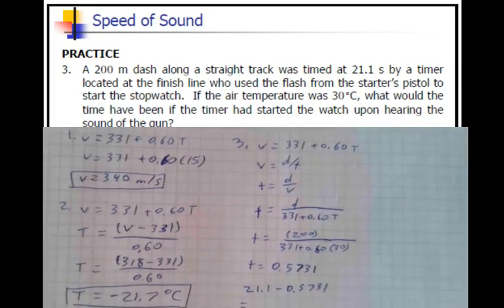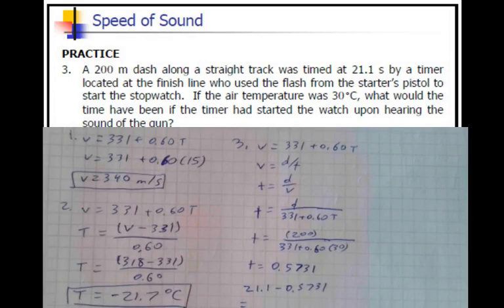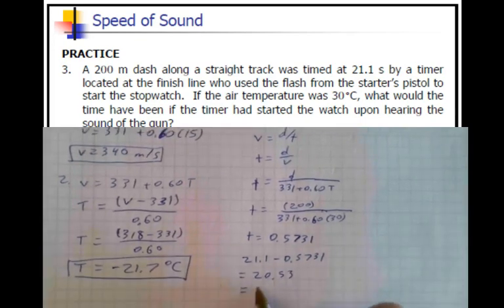I'm going to multiply this by negative 1, then add it to 21.1. We're left with 20.53, or rounded to significant digits, we have 2. Looks like 21 seconds.